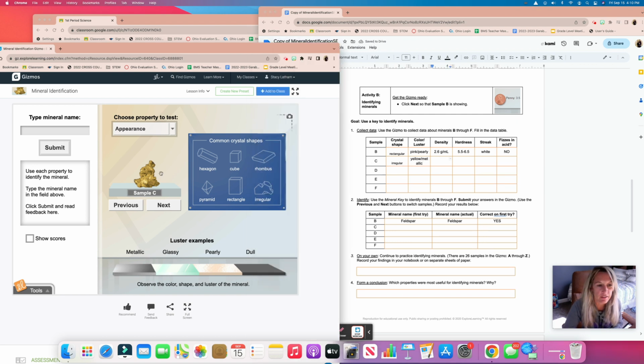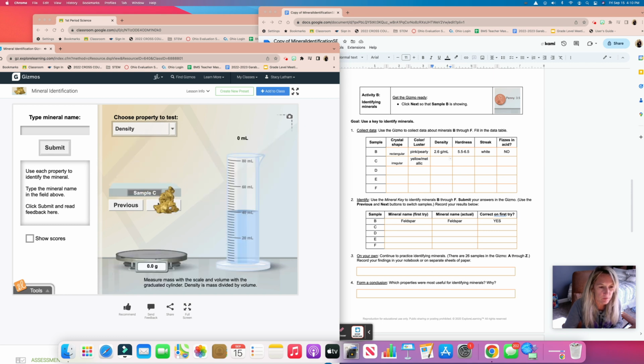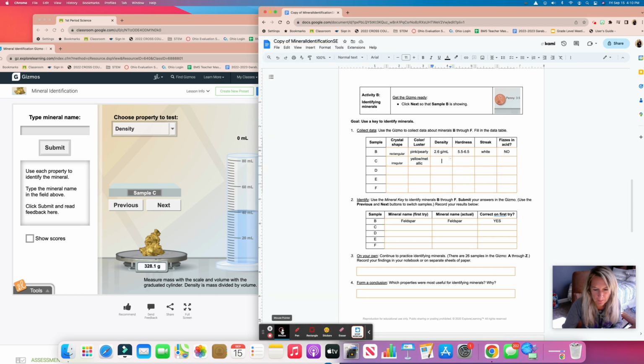All right, next is density. So we're going to go down to density. We're going to select this here. Okay, so we're testing, so the mass is 328.1. 328.1 in the calculator.